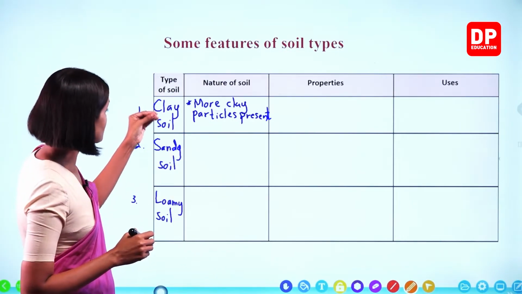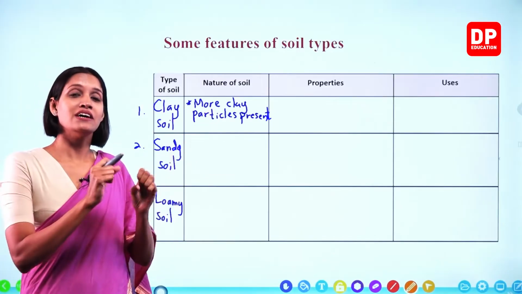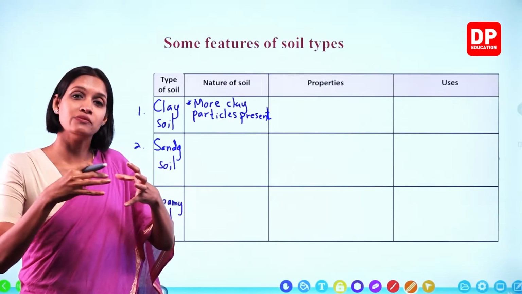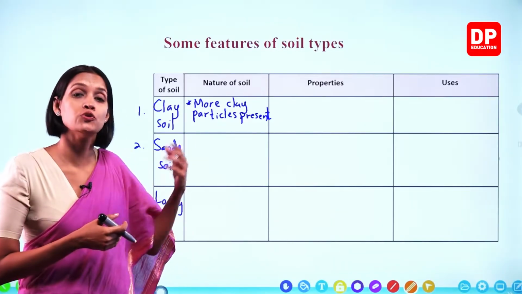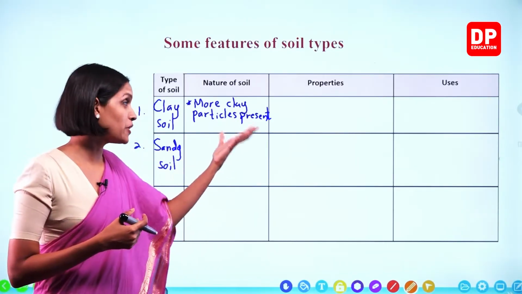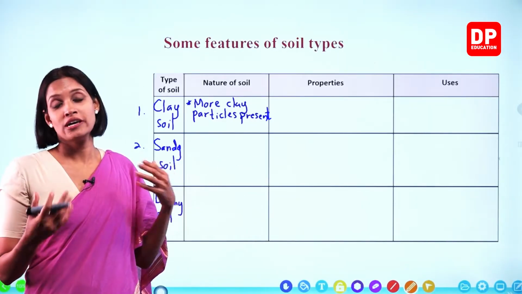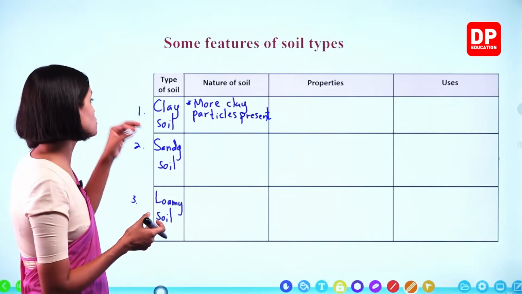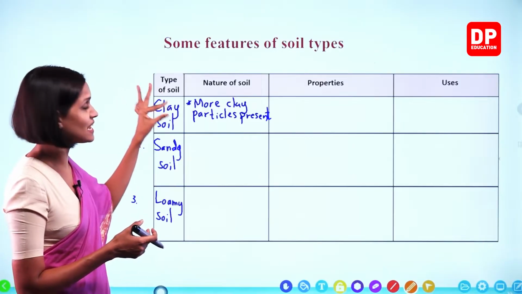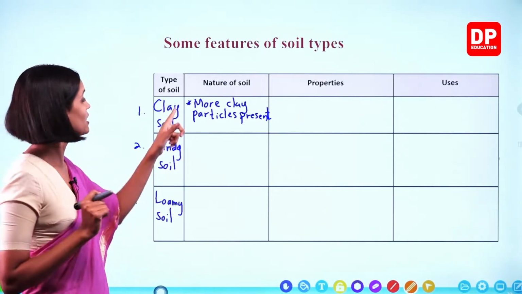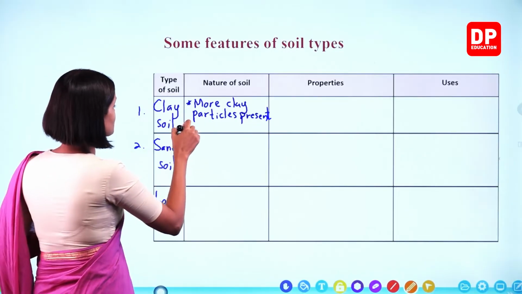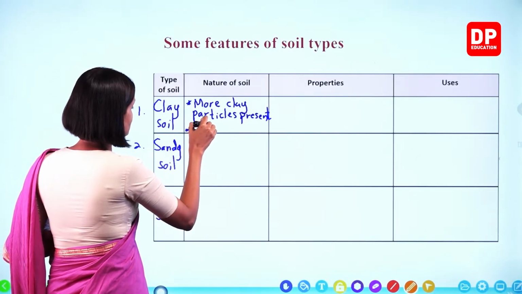Because it is sticky, we can use it in molding the clay into different shapes. It is used to make bricks, tiles, and in the ceramic industry also, because of the sticky nature we can mold this clay into different shapes. So more clay particles present and it is sticky.